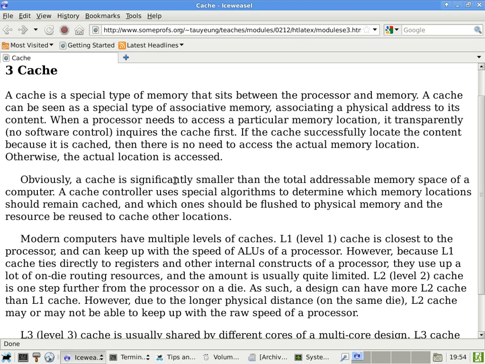The cache is significantly smaller than the total addressable memory space of a computer. In other words, if you look at computers these days, 4 gig of main memory is not too much. Most computers will come with 4 gigs of RAM these days. How much cache do we have? Level 3. Okay, we're talking about level 3, which is the slowest of all types of caches. How much level 3 cache can we expect out of a consumer type of processor? 6 megabytes.